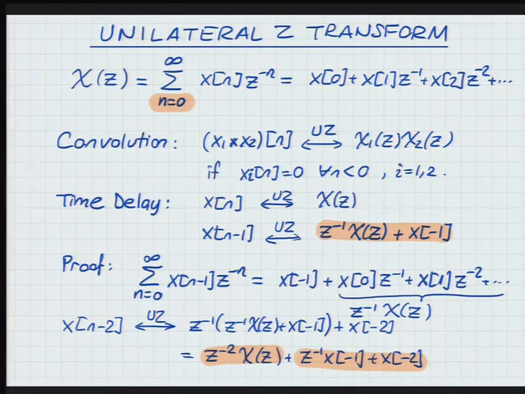If it was n minus 3, then you would have z to the -3, you would have z to the -2 multiplying x of -1, z to the -1 multiplying x of -2, and x of -3 appearing by itself. And you can generalize. So the time delay property is crucial for solving difference equations with given initial conditions.